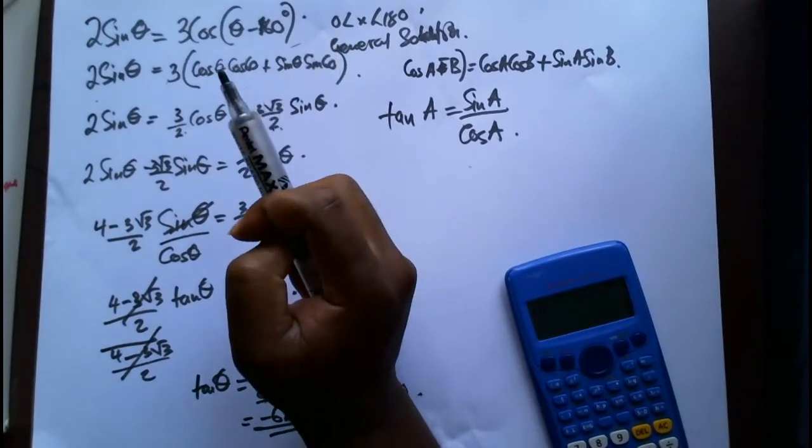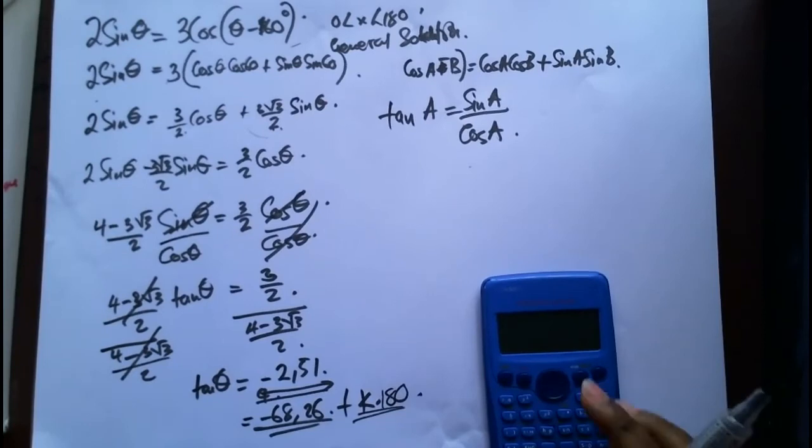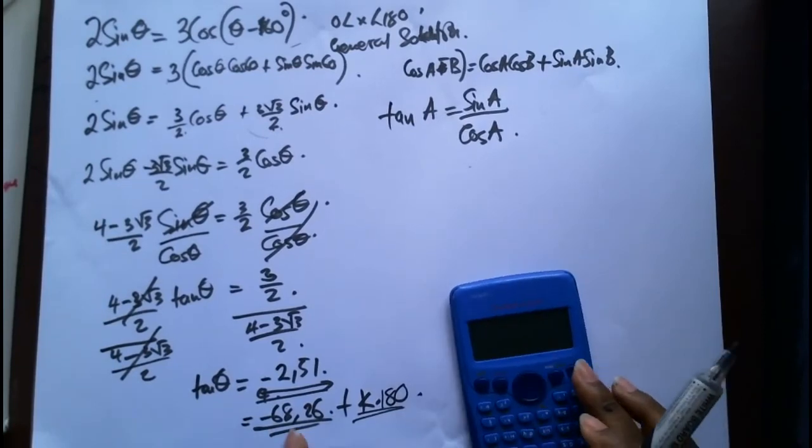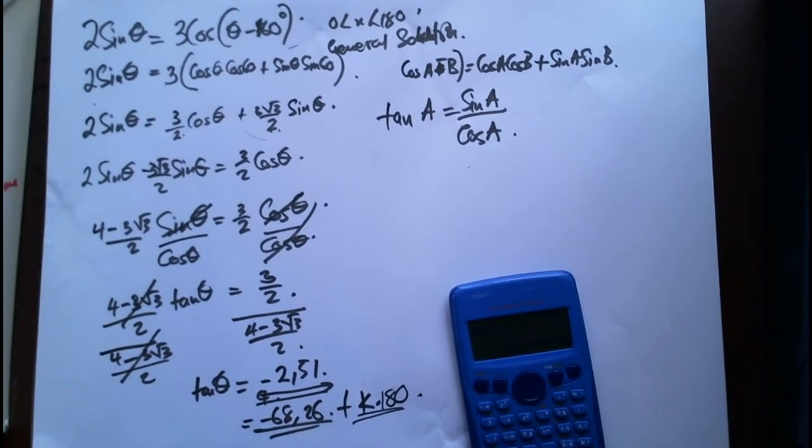I got positive 68.26. Let's quickly check. Shift, tan, negative 2.51. I'm getting negative 68.26. Unless you punched in without a negative, then you must get 68.